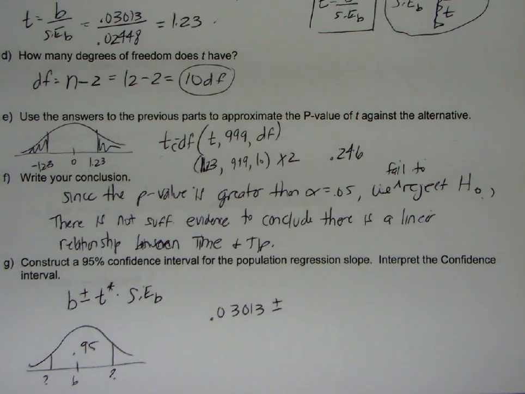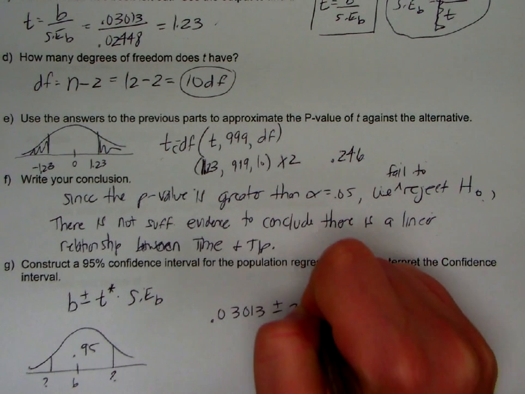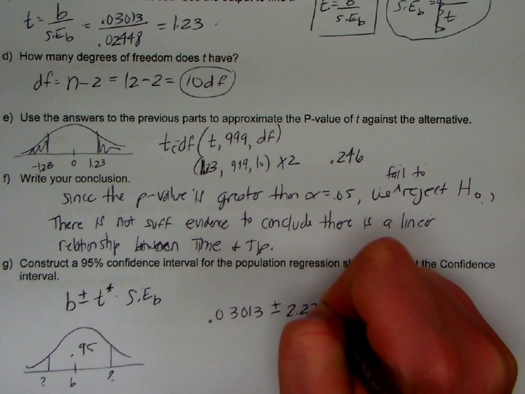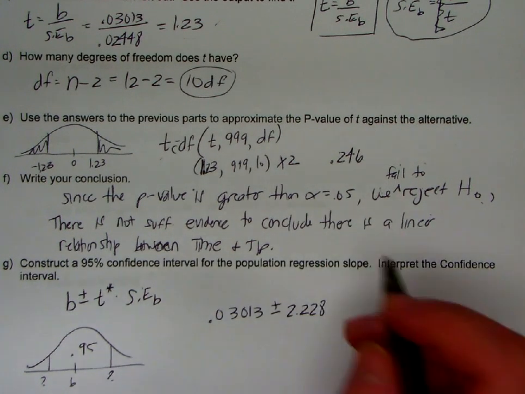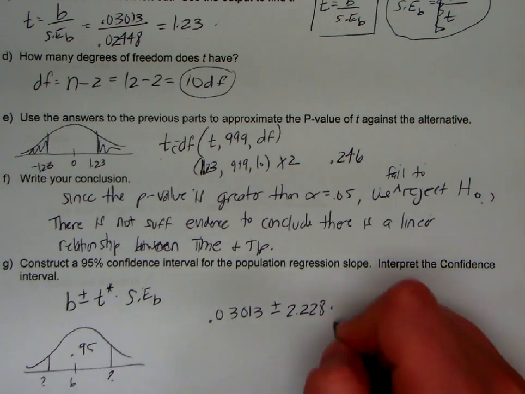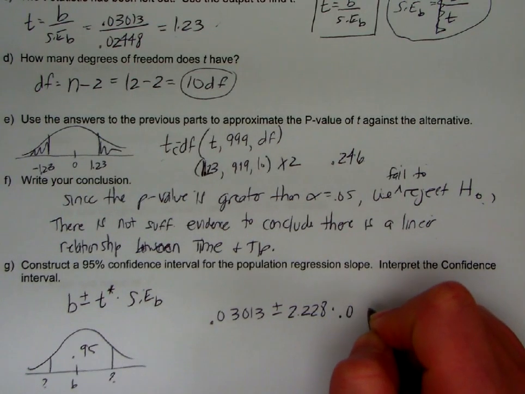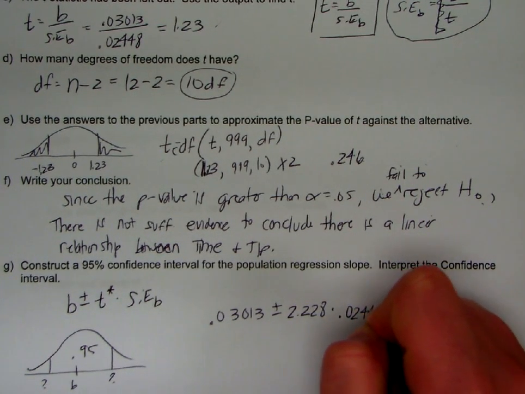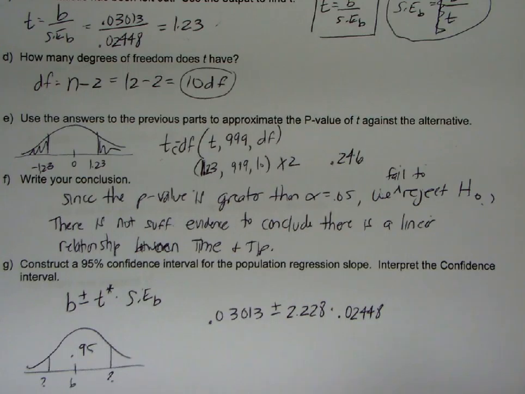I have to find my lime sheet. So 95%, 10 degrees of freedom is 2.228, times the standard error of the slope, which is given in the computer printout, 0.02448.